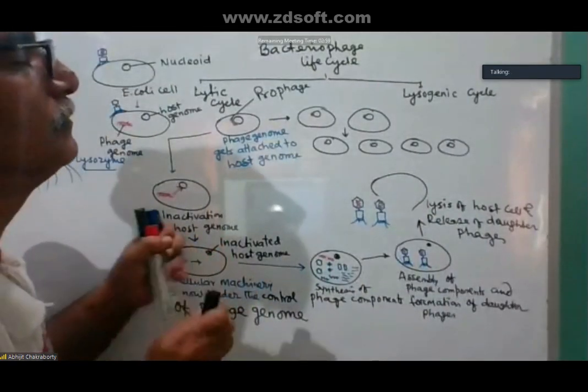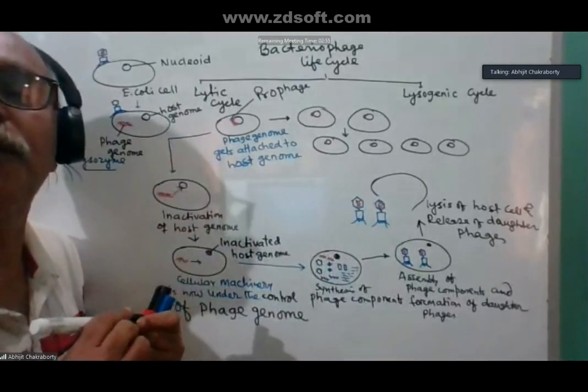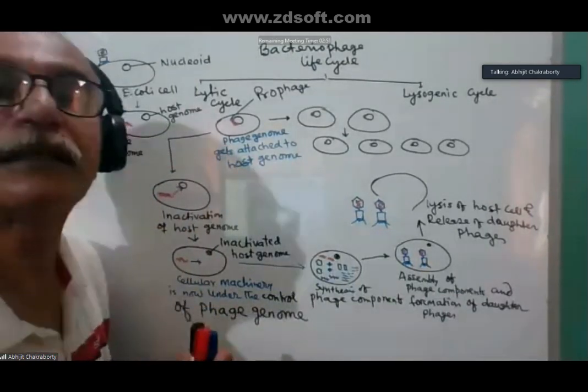So in this way, a huge bacterial colony may be formed, but the bacterial cell is not at all affected.